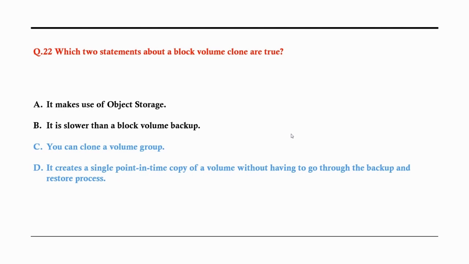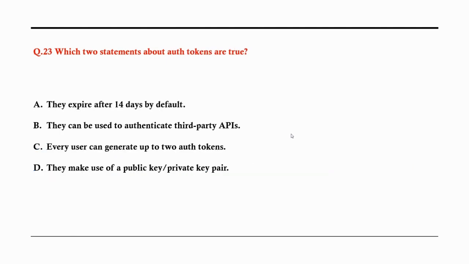That is right. And D, it creates a single point-in-time copy of a volume. Question 23. Which two statements about the auth token are true? An auth token is something through which you can make an API call. So by answer B, it is used to authenticate third-party APIs, and every user can get two auth tokens. So answer B and C is right.